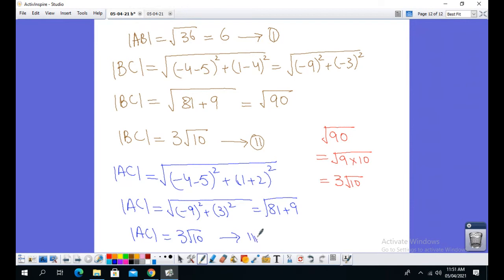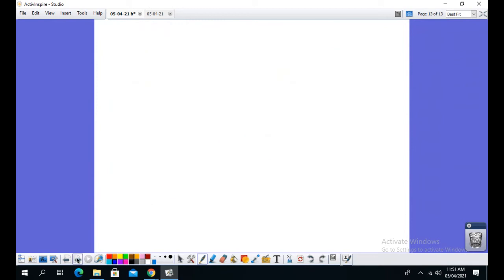From equations 1, 2 and 3, we see that the AB distance is not equal to the BC distance, which is equal to the CA distance.